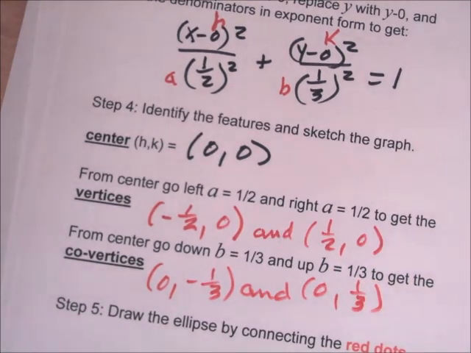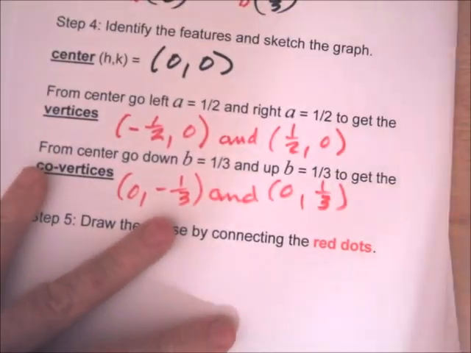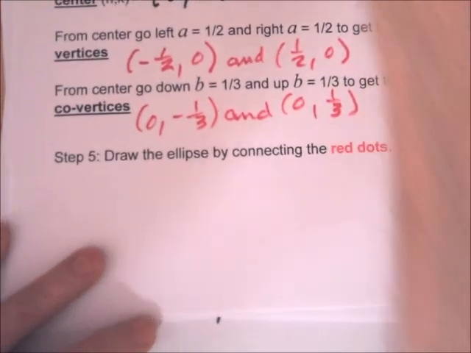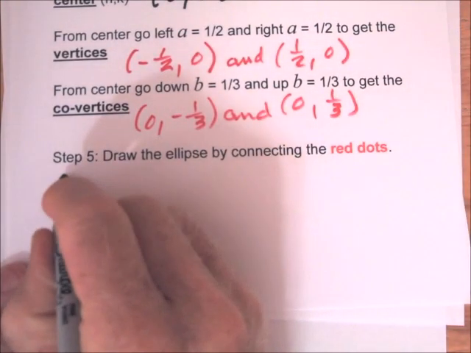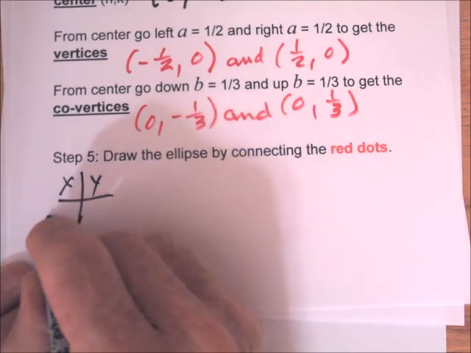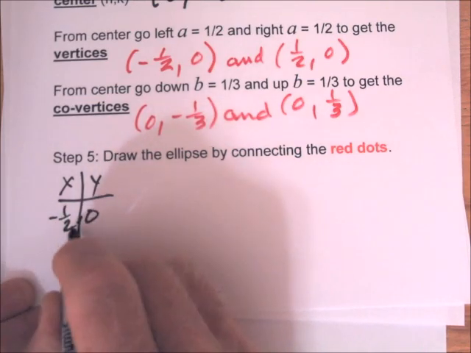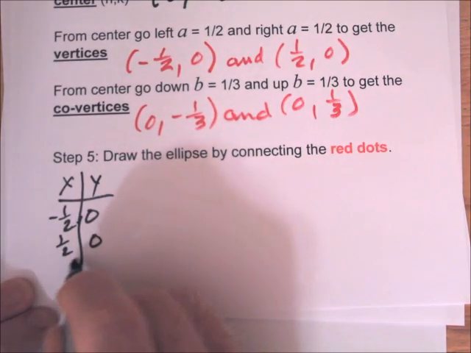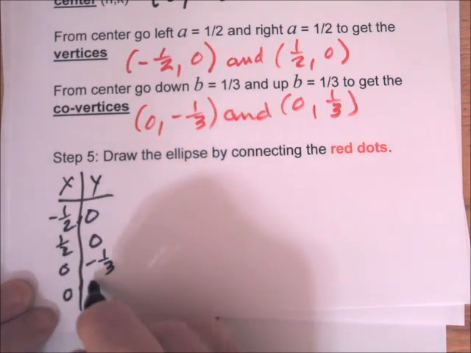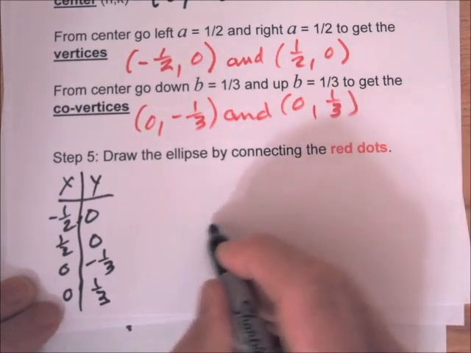And then we can draw the ellipse. We can make a little table of values here. We have x, y: negative 1/2, 0; 1/2, 0; 0, negative 1/3; 0, 1/3.